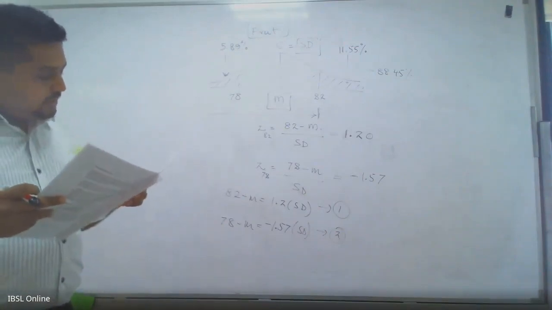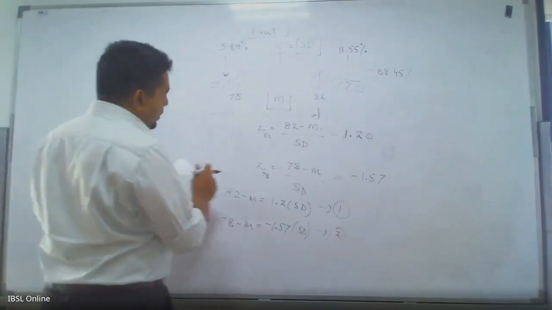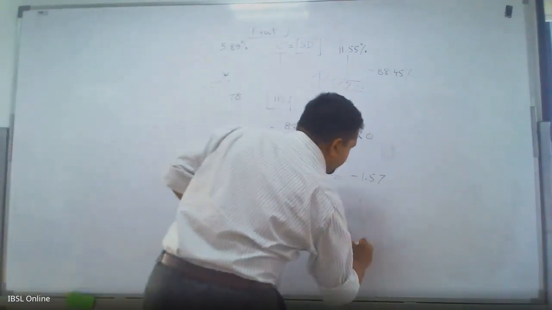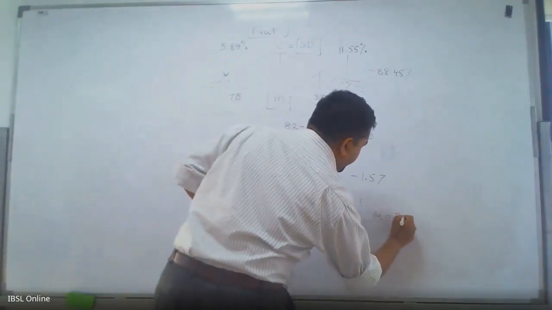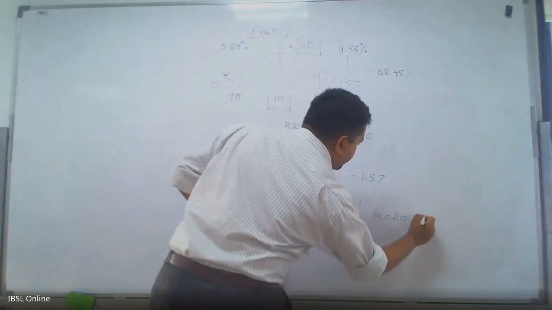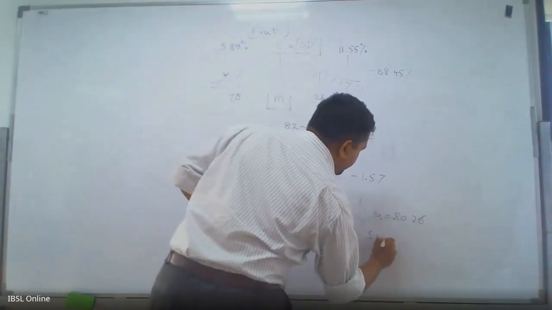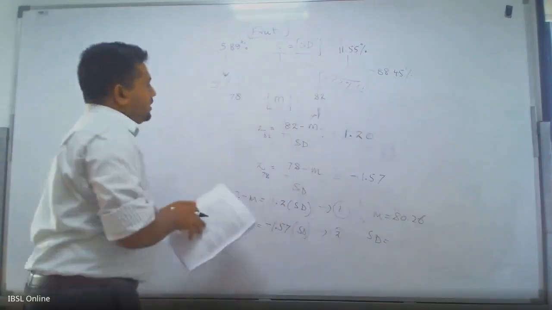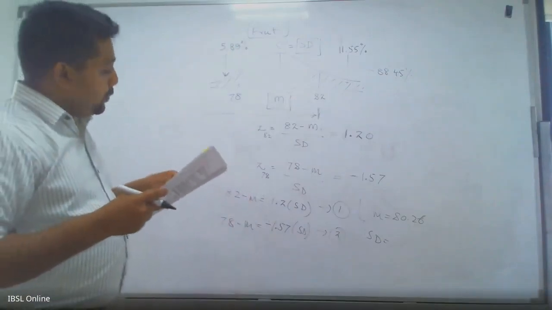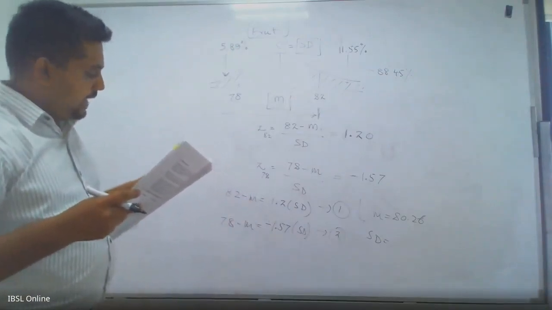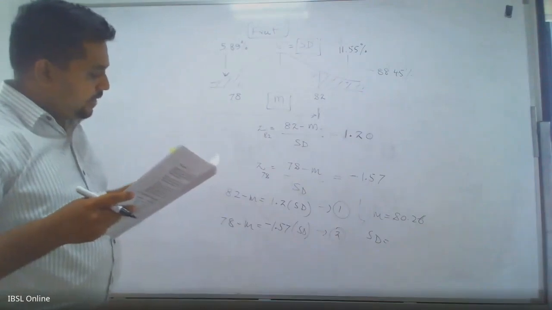But give the answer, m should be equal to 80.26. What is m? That is the mean of this particular new fruit yogurt machine, 80.26 grams.